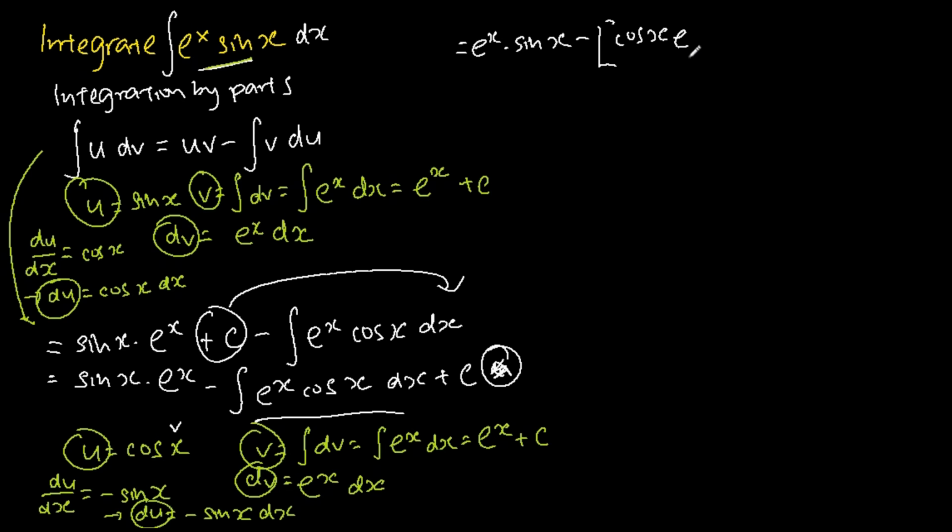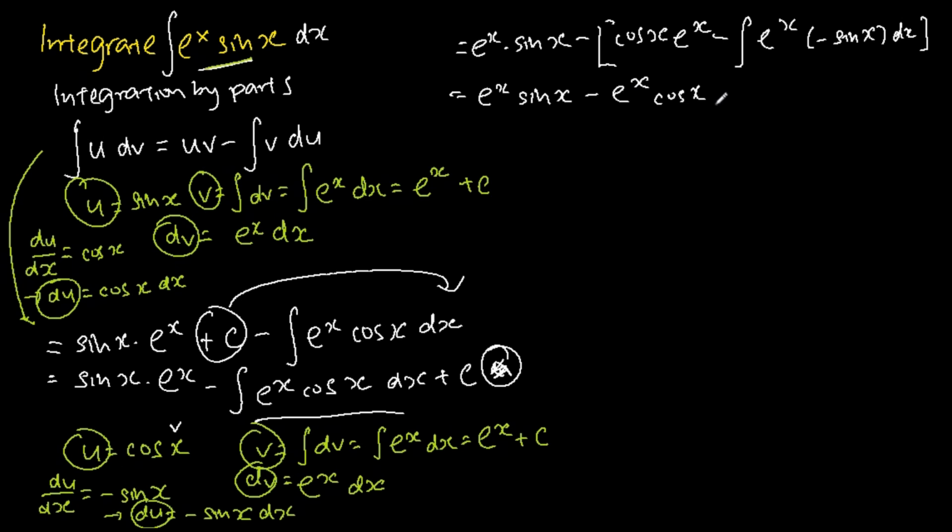My v is e to the power x, subtracting away the integral of v, which in this case is e to the power x, and then my du is negative sine x dx. Okay, so I will open up the square bracket. I will get the following. So we have the third term, we have minus, minus, and minus. So this gives us minus the integral of e to the power x sine x dx.